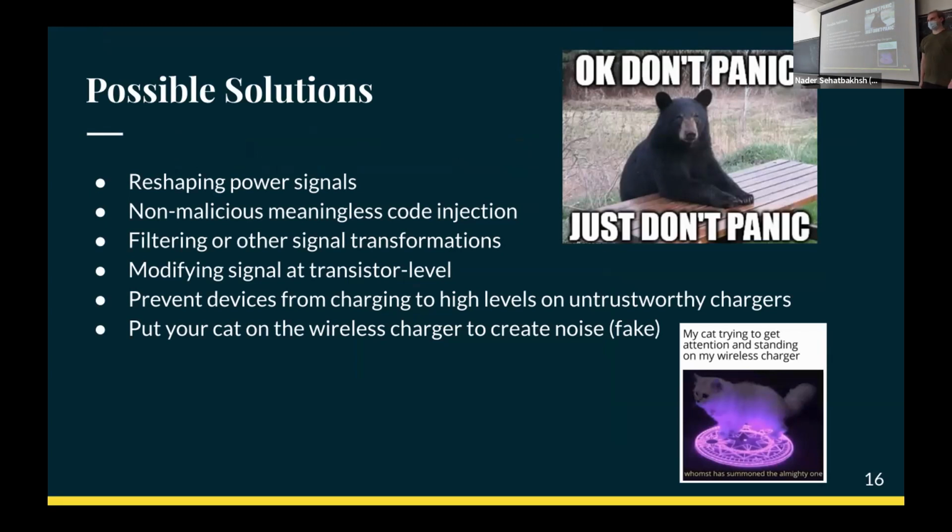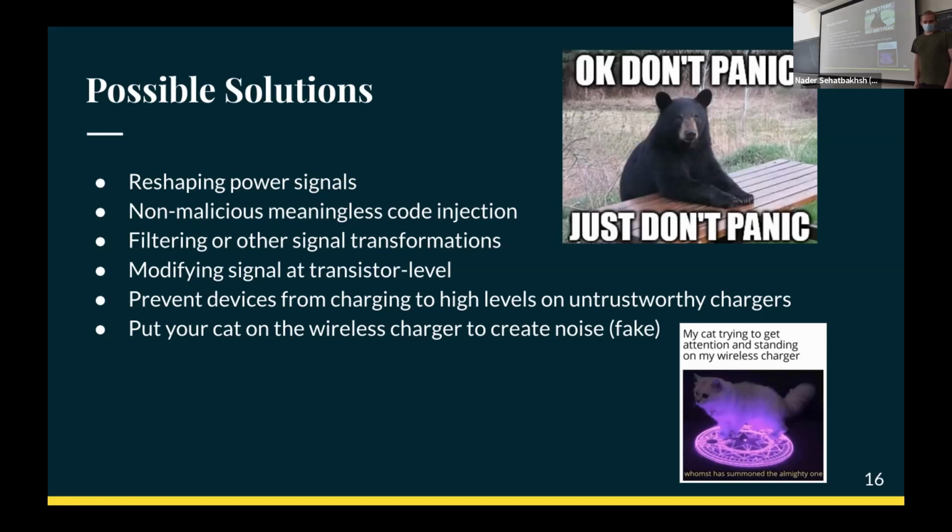The first one is reshaping power signals, which was shown to be effective in other papers. We can also perform non-malicious injection of, as the paper quoted, meaningless code. As it executes more meaningless code, the power curve will also change, making for a guess that's barely better than choosing a website off that previous Alexa list at random.